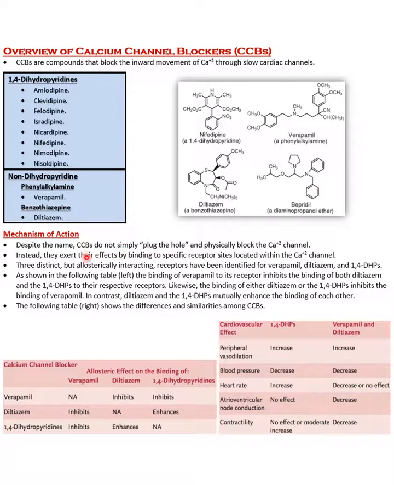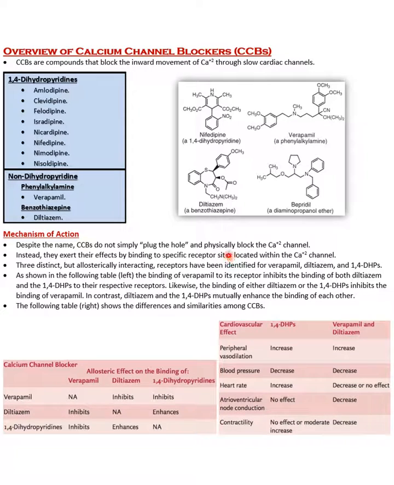Despite the fact that they're called calcium channel blockers, you might think that these products simply plug the hole where the calcium flows through the channel physically, but actually this is not how they work. I will explain this shortly. In fact, they bind to some specific sites at the receptor, which is called the L-type receptor.